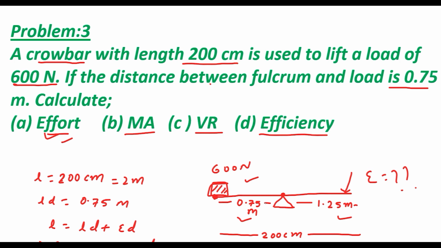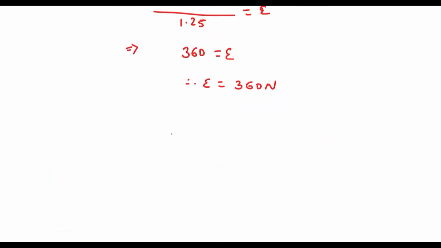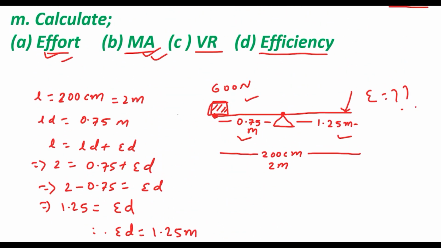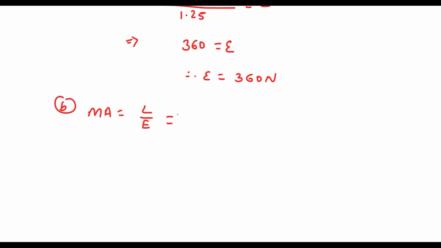And in B, we have to find the MA. MA means mechanical advantage. We know that mechanical advantage MA is given by load by effort, and load is 600 Newton.